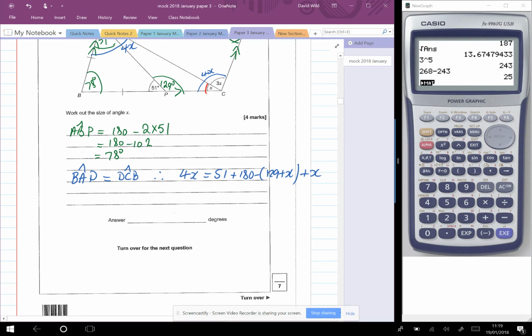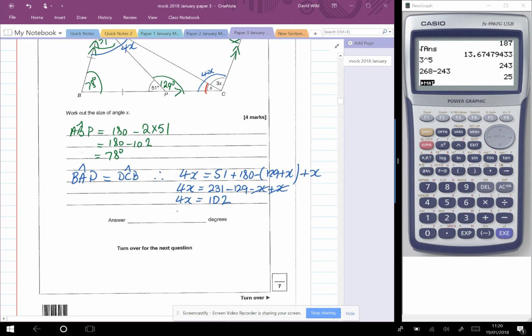So we've got 4x equals 51 plus 180 is 231, and then I'm going to subtract 129 and subtract the x, and then add this x. So minus x plus x, that's 0. So I've got 4x is 231 minus 129, which of course is 102.